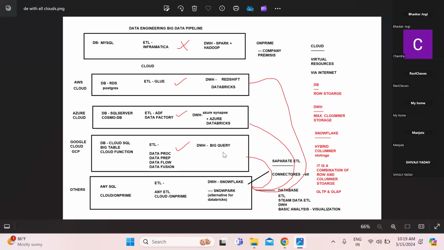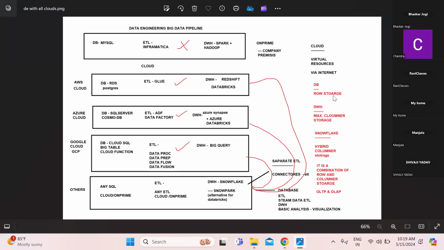No other software or data warehouse supports this type of activity. They only support ELT, extraction, load, and transformation. But Snowflake is the best suited for ETL, ELT, as well as database management, OLTP systems, and data warehouse management, OLAP systems. I explained it here.